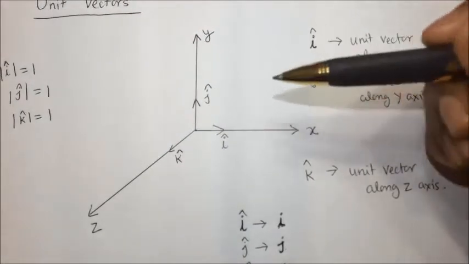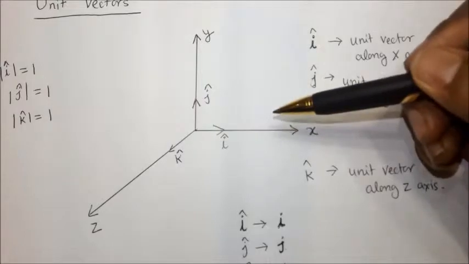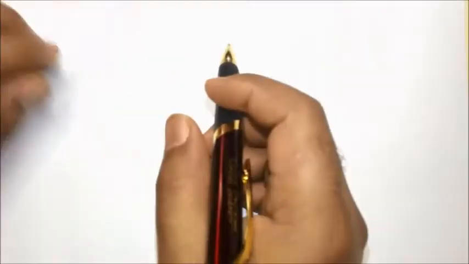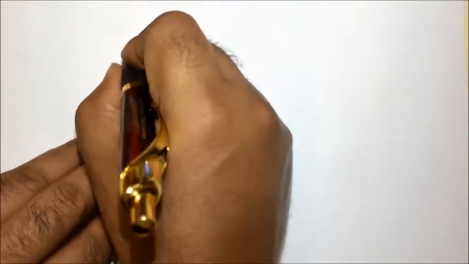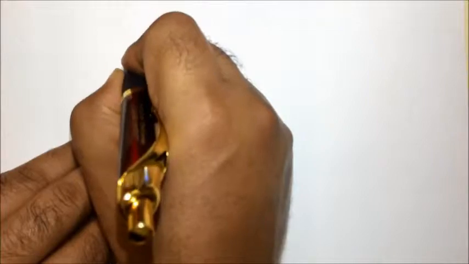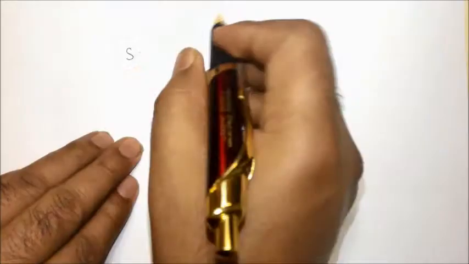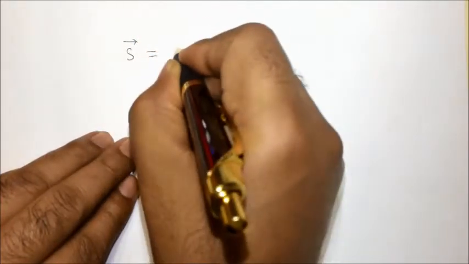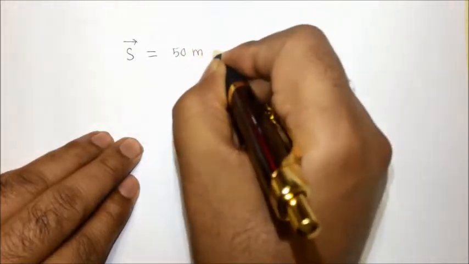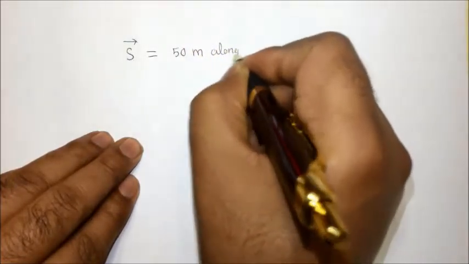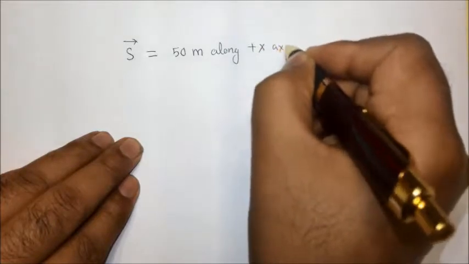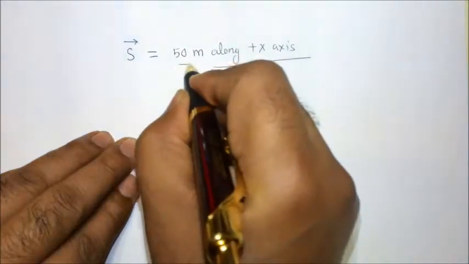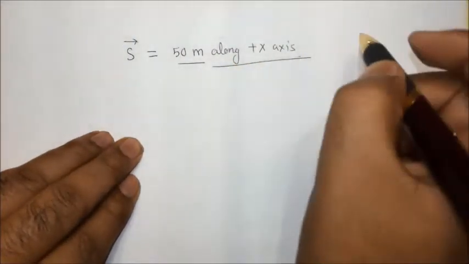Now let us see what are the advantages of using unit vectors. Suppose the given displacement vector S is 50 meter along plus x-axis. So this is magnitude, this is direction.